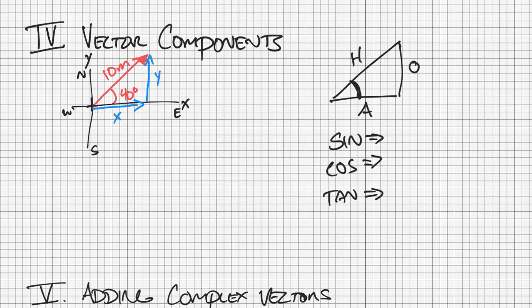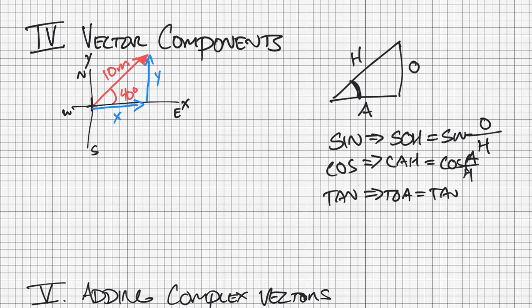SOH CAH TOA: sine equals opposite over hypotenuse, cosine equals adjacent over hypotenuse, and tangent equals opposite over adjacent. All right, so that's how we're going to do that.